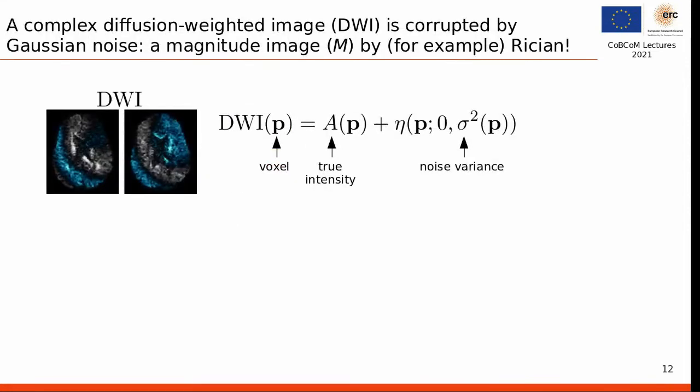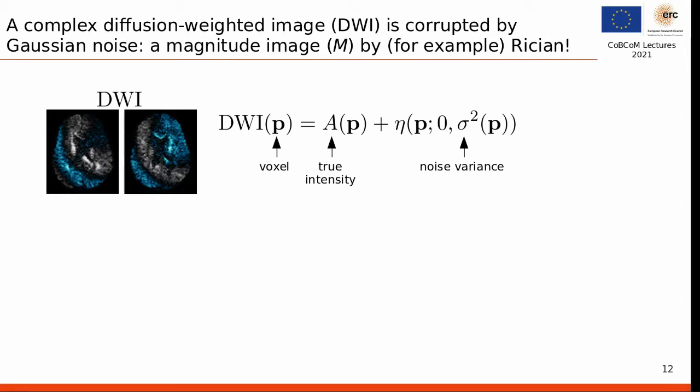In order to do so, we have to remember that a diffusion-weighted image is actually a complex valued image and is corrupted by what is called Gaussian noise. So on the left, I report the real and imaginary part of the diffusion-weighted image, a DWI, which for a specific pixel, or actually voxel position P, can be represented as the sum of the true intensity A plus a noise realization that has been extracted from a Gaussian distribution with a zero mean and a variance sigma squared.